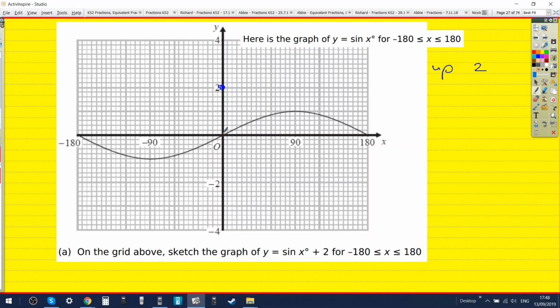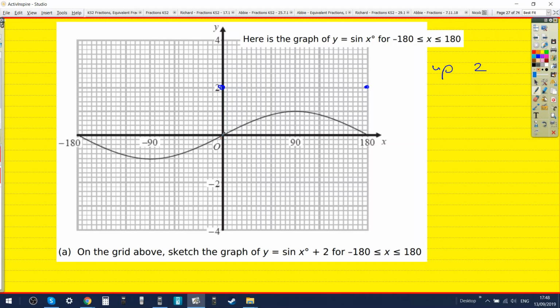Are there any other points that were on the x-axis? (180, 0), sorry. Yeah, so that's going 2 up as well. Any other? Do they have to be on the axis, or can I take some that are underneath?